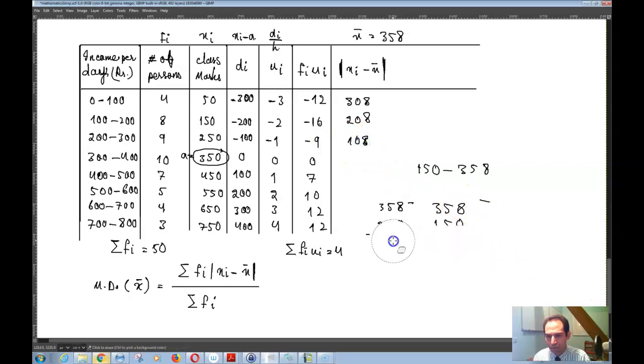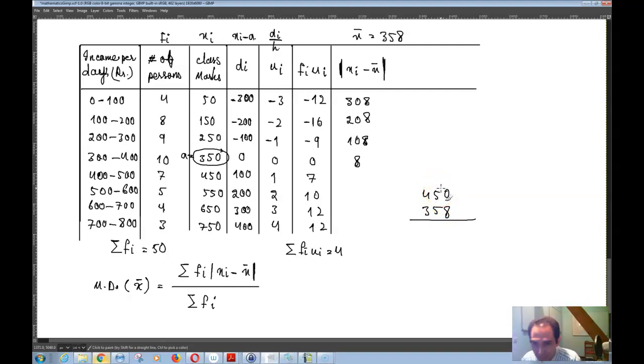Then you have 350 minus 358, so that's positive 8. Then you have 450 minus 358, which is 90.